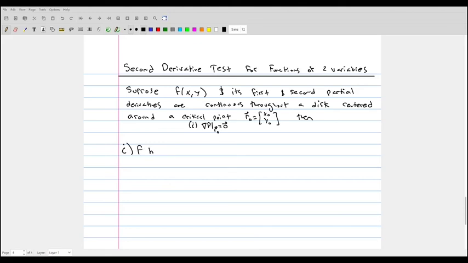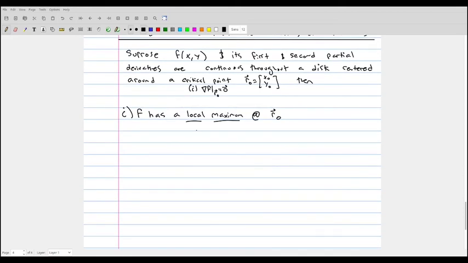f has a local maximum at the point R naught if the second derivative of f with respect to x at the point R naught is less than 0, and the following expression is also less than 0.